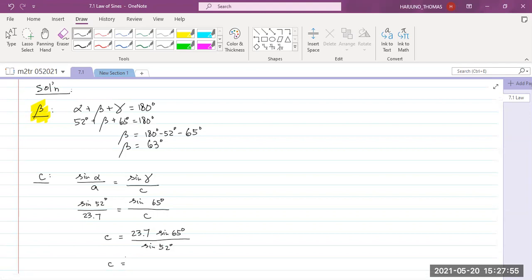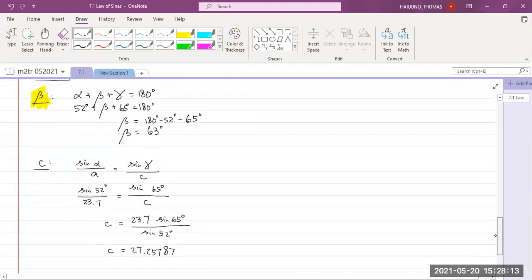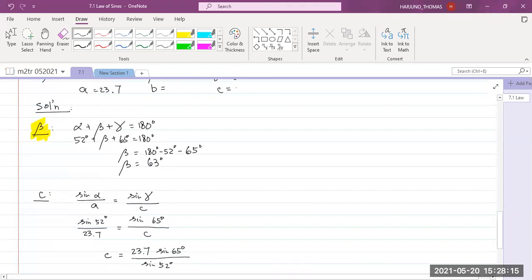Make sure you use your calculator to check. 27.25787. Is it okay? Let me copy that down. 27.25787, five decimal places.